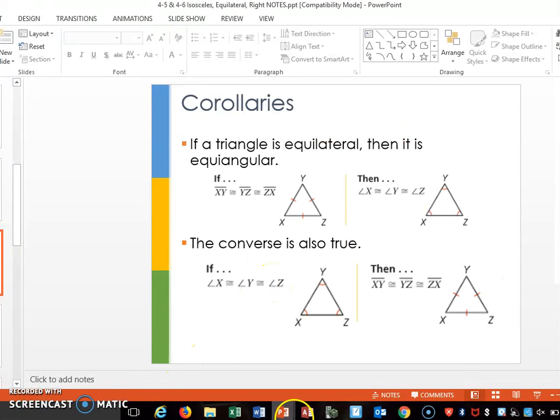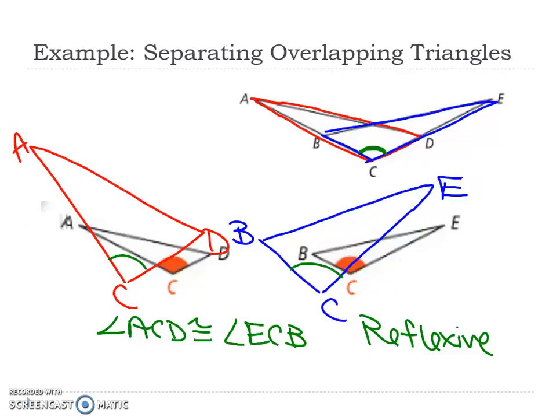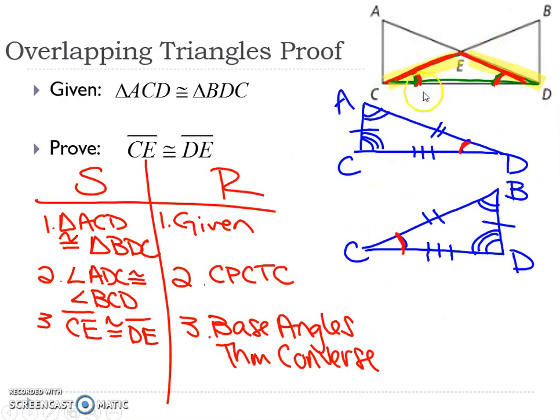If we go back to our proof right here, we can prove that this side and this side are congruent. So when two angles are congruent and the sides opposite are congruent, we call this the base angles theorem converse. We need to write that and remember it for the proof.